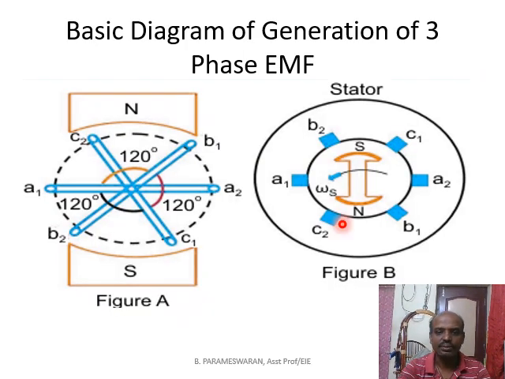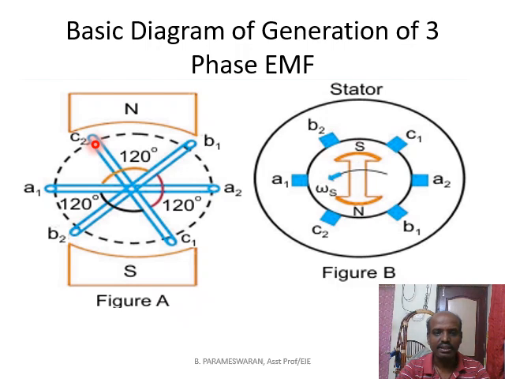So this shows the diagram of the three-phase generator, or generation of three-phase EMF. Here it shows that the magnetic field is fixed. So this is a north pole and south pole. Here you have three conductors: A1 A2, B1 B2, C1 C2.